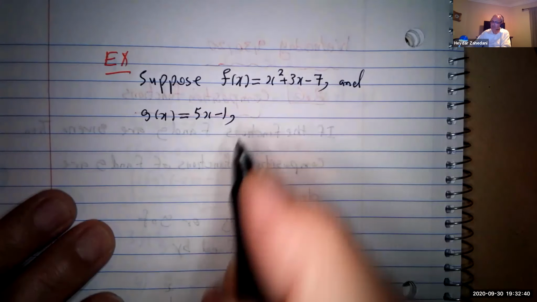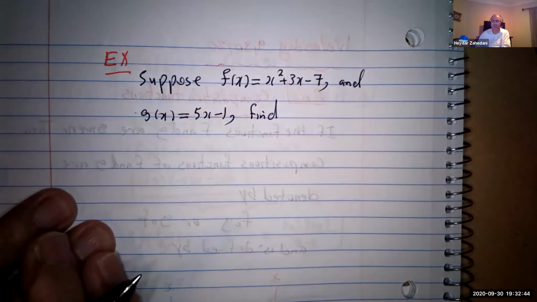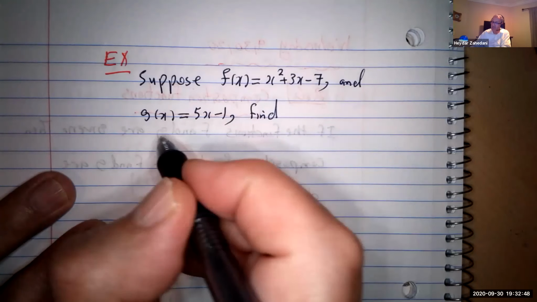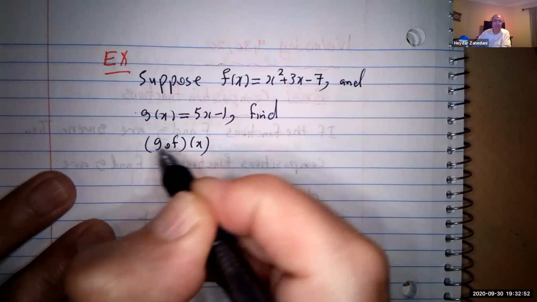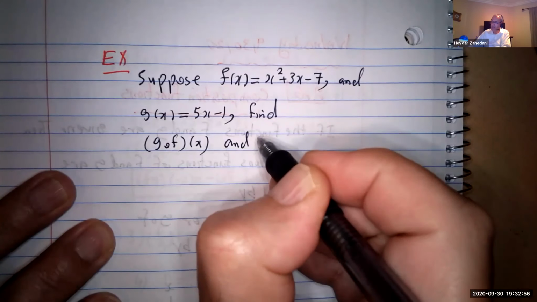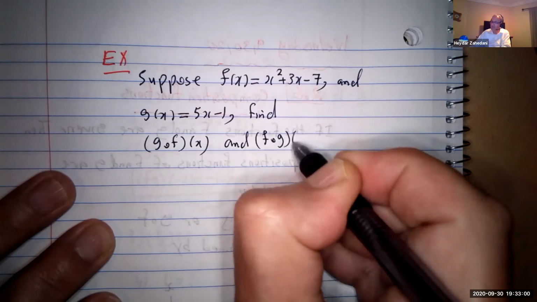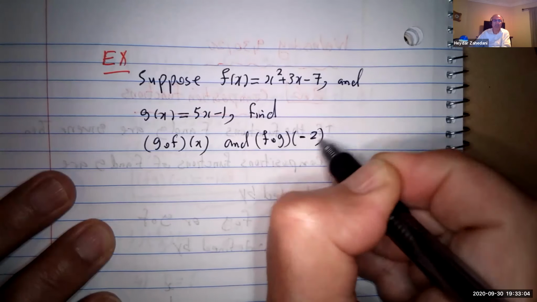And we ask you to find the composition of two functions. So what do we want? We want you to find g of f of x, and give us what f of g of negative 2 is going to be.